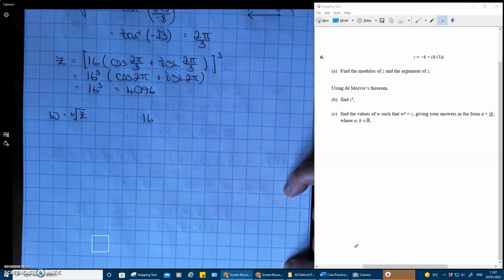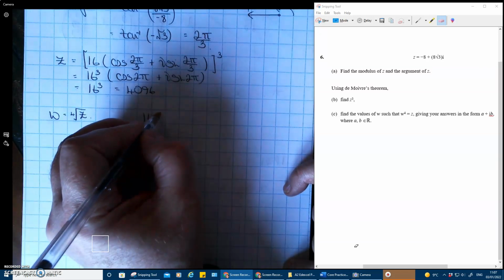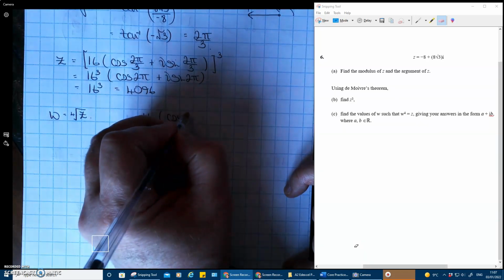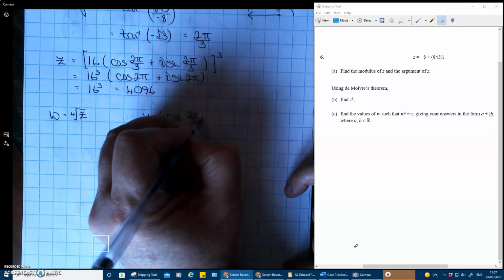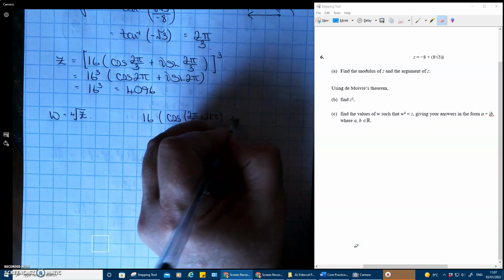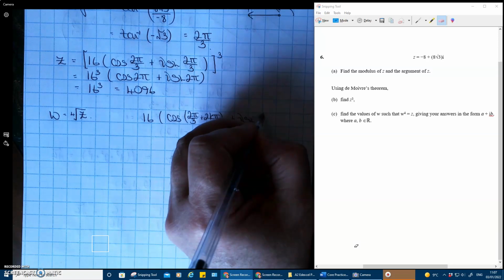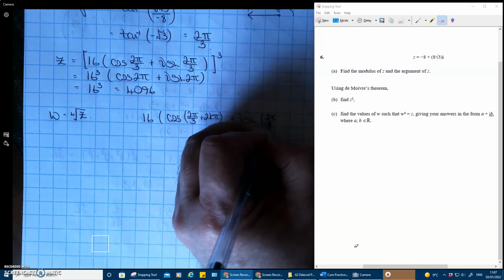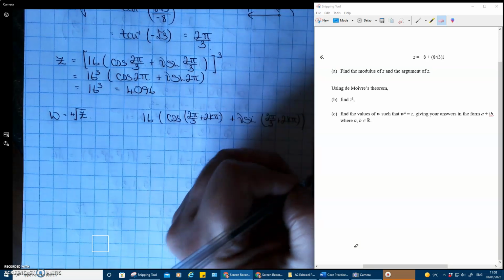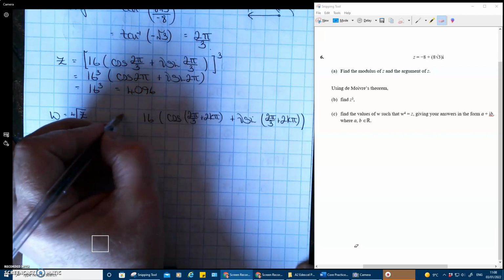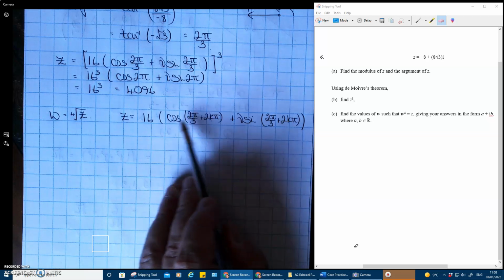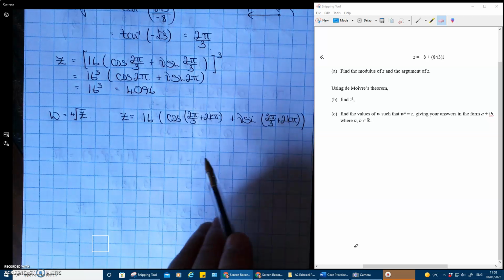Now because I want all the roots, I'm going to have to write it as cos 2 pi by 3 plus 2k pi plus I sine 2 pi by 3 plus 2k pi. Okay, so that is my z. Purely because if I add multiples of 2 pi, I don't change the value of cosine, and similarly the sine.